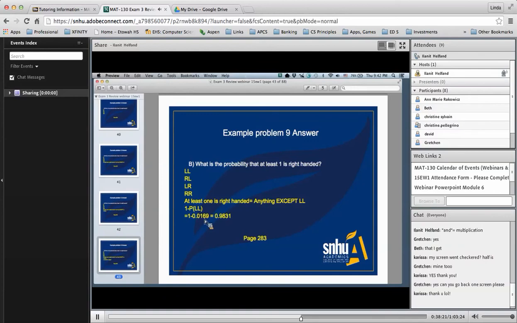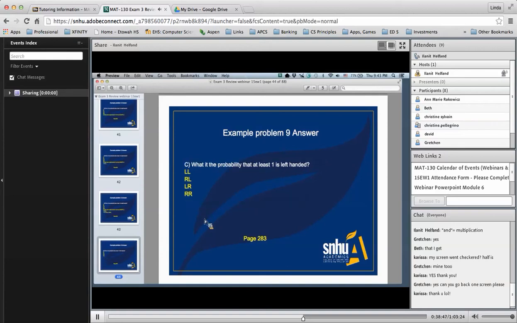Once you've calculated the probability that both people are left-handed, you can easily calculate the probability that at least one is right-handed. That's the method you really want to take whenever you see the words at least. You see at least and you automatically want to be thinking, what's the opposite? The opposite of having at least one right-handed is that they're both left-handed.